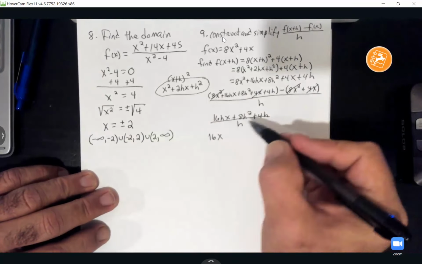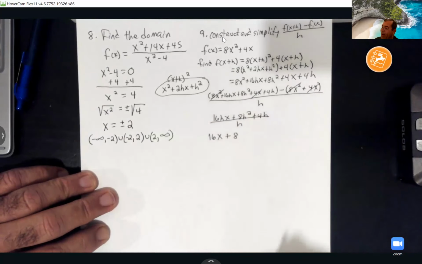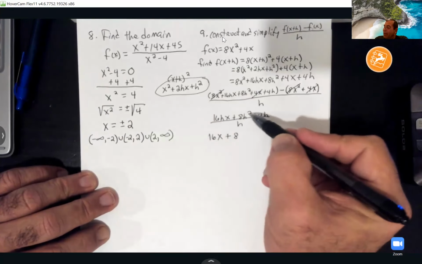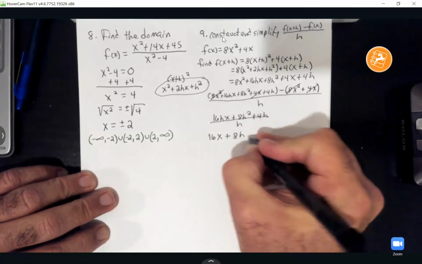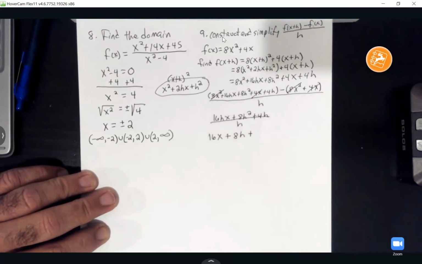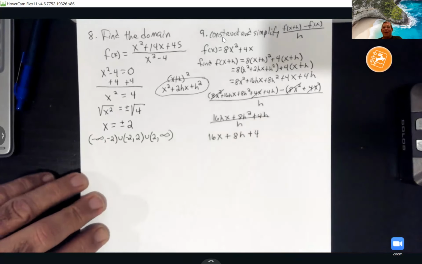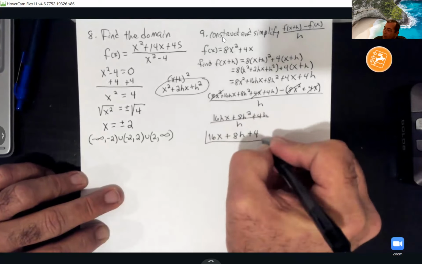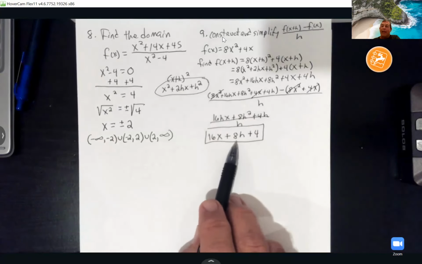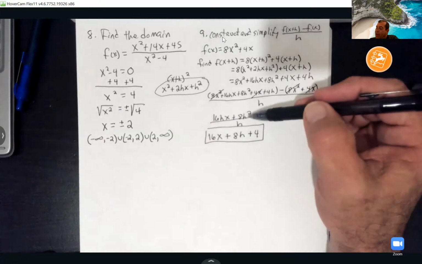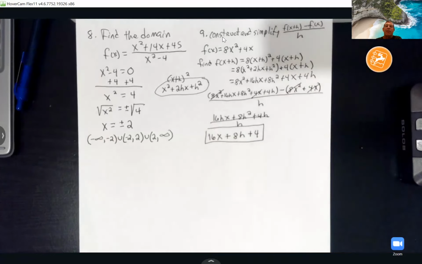And then it'll be 8h, plus 4, because that h cancels. Good job. And y'all, that's what the Math Lab choice you're going to pick will be, this one, okay? So remember, all you do at the last step is cancel 1h from the top of everything and be done.